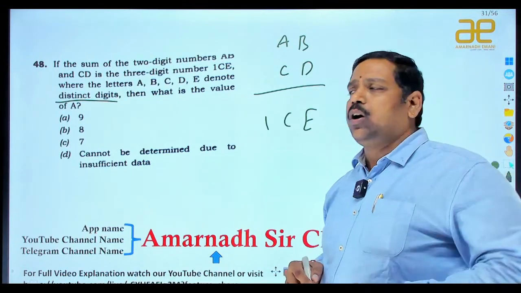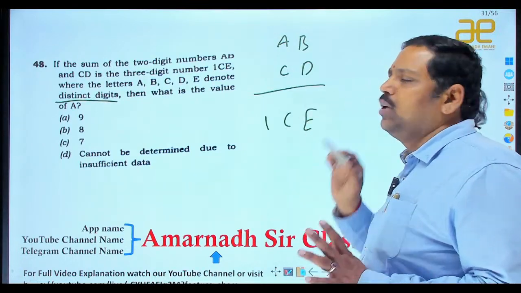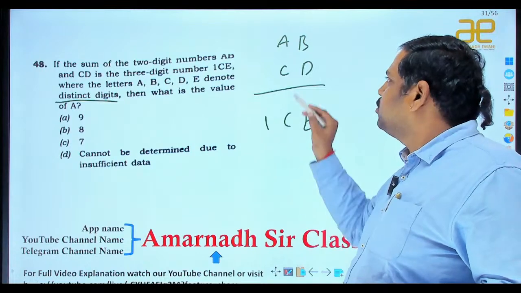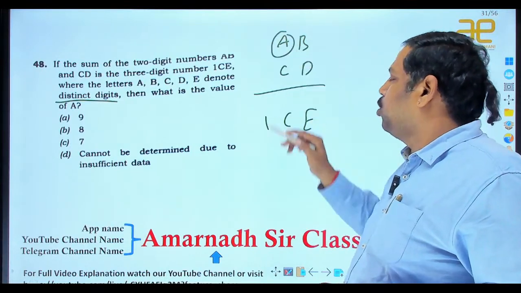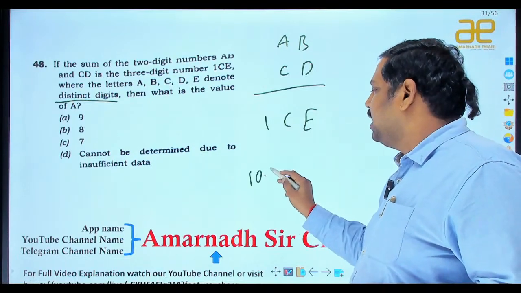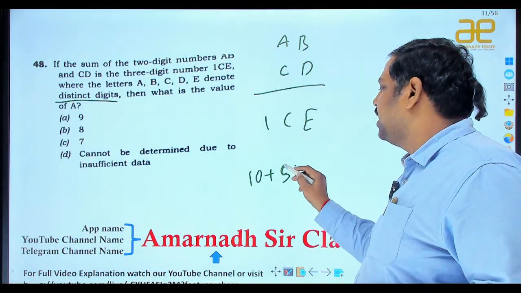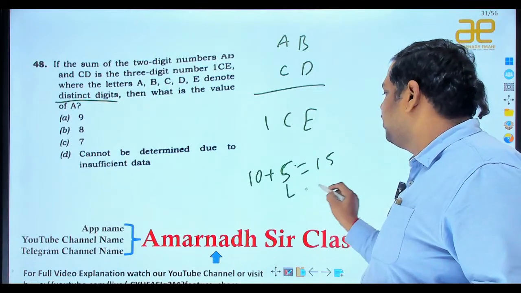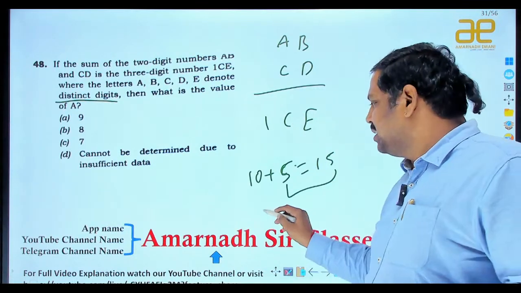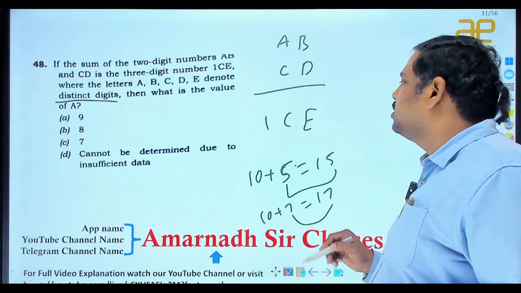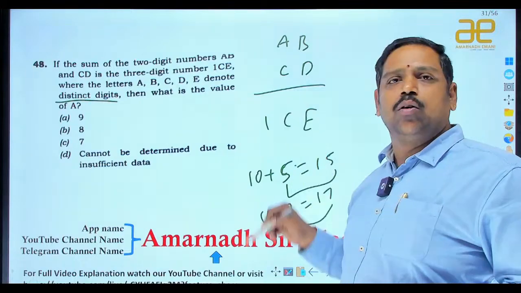The beauty that you have to observe is this C continued here. When will that happen? Suppose, other than the C, if I take 10 plus 5, how much is it? 15. So 1 carry, 5 you will write here. This 5 will continue here, right or wrong? Suppose 10 plus 7 is nothing but 17. This 7 continues at the place because that 1 goes to the carry, right or wrong?